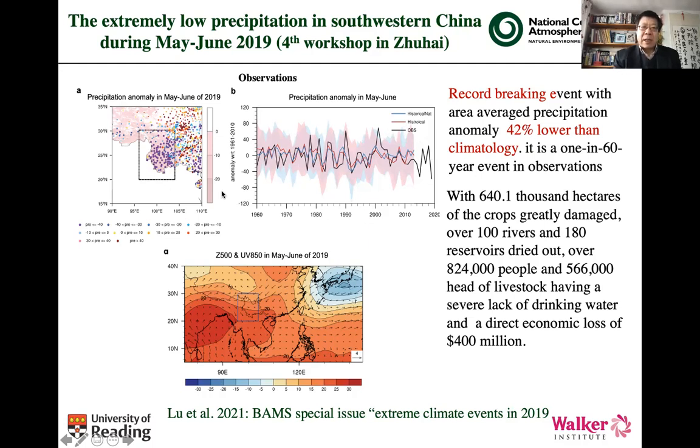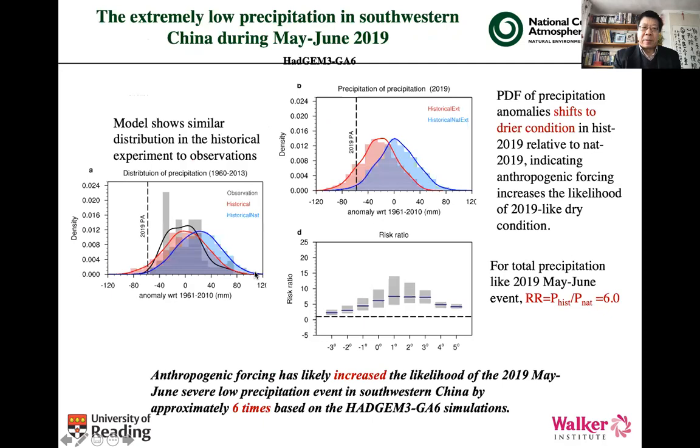For spring 2019, this shows the sea level pressure and also the geopotential height at 500 hectopascal. Relative to climatology, during spring over Southwest China there is anomalous high pressure over that region, associated with northwesterlies, which led to a reduction of moisture transport from the normal southwesterlies, and led to reduced precipitation in the region.